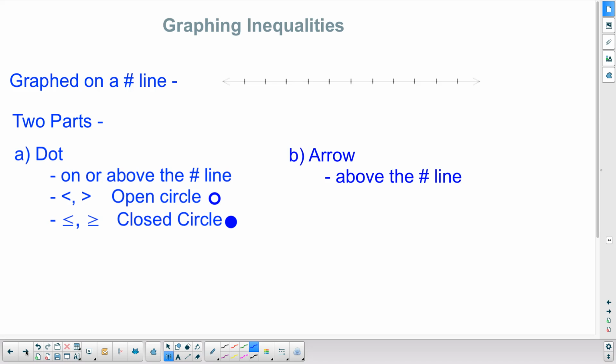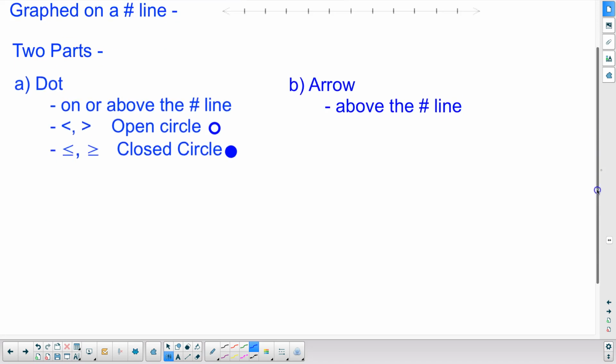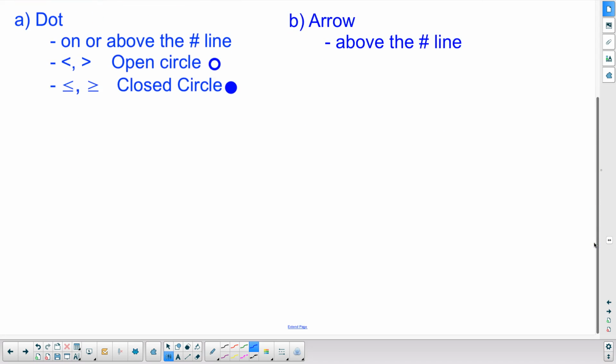So let me give you a couple of different scenarios going on here. My first example is going to be x is less than 4. On a number line, I'm only concerned about 4. That's the only number in the problem. Is it an open dot or is it filled in?